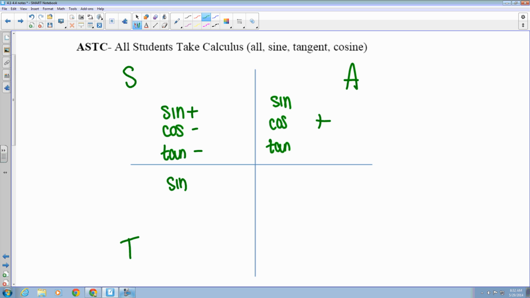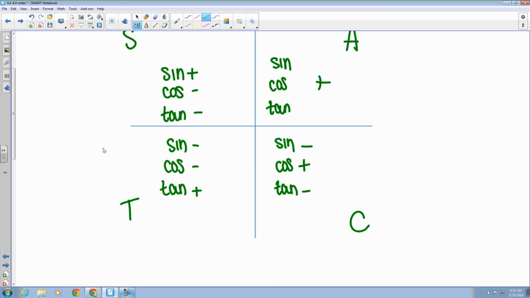So going back to all 3 of our major trig functions, tangent is positive here, but sine and cosine are both negative. 4th quadrant is C, which means cosine is the only positive trig function in that quadrant, other than its reciprocal. Of course, secant is still going to be positive there. So this is going to be something you want to remember. That's going to ensure that you have the correct sign, whether positive or negative, on each of your trig functions.